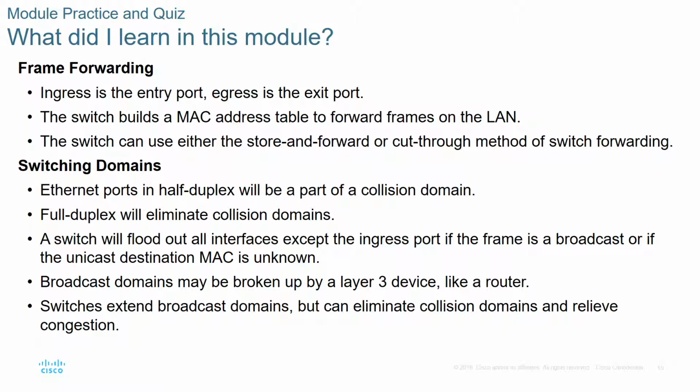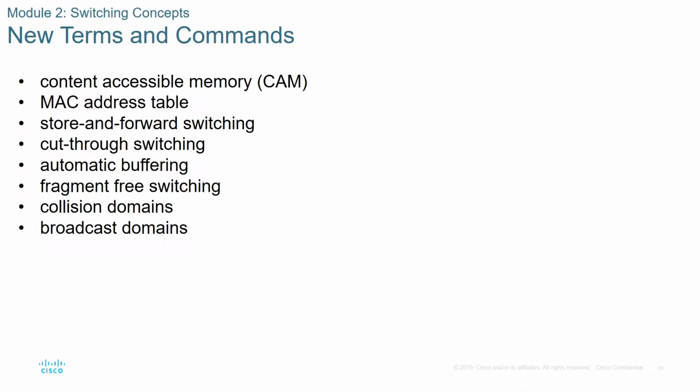Switches extend broadcast domains but can eliminate collision domains and relieve congestion. Some new terms and commands. Content addressable memory, the CAM table, also known as the MAC address table. Store and forward switching, cut-through switching, automatic buffering, fragment-free switching, collision domains, broadcast domains.